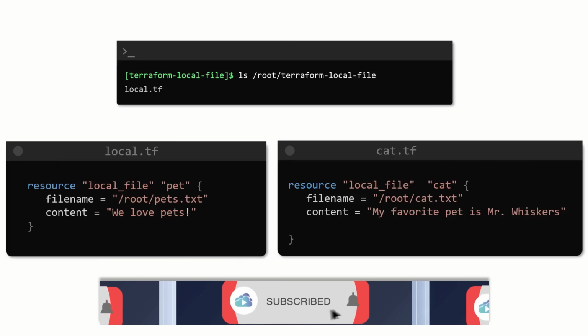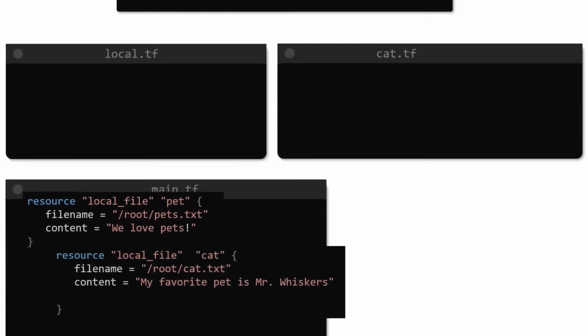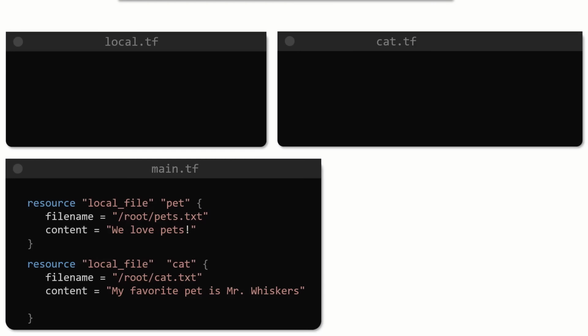Terraform will consider any file with the .tf extension within the configuration directory. Another common practice is to have one single configuration file that contains all the resource blocks required to provision the infrastructure. A single configuration file can have as many configuration blocks as you need. A common naming convention used for such a configuration file is to call it main.tf.